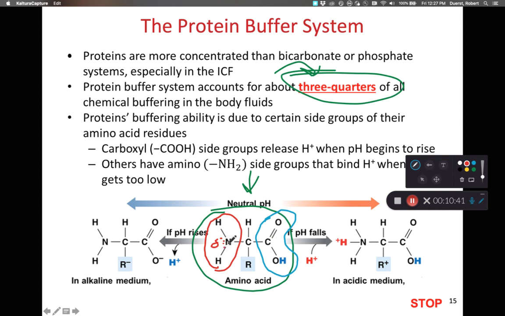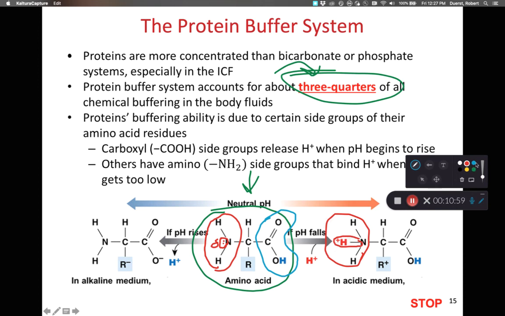That lone electron pair on the nitrogen atom will pick up the hydrogen ion from the acid being dumped in solution, and the NH2 goes to an NH3. So in response to an acidic solution, amino acids suck up hydrogen ions.